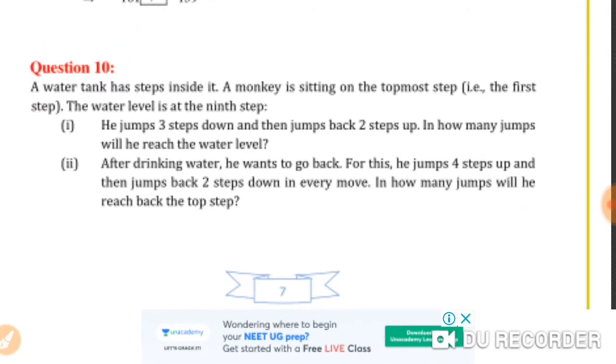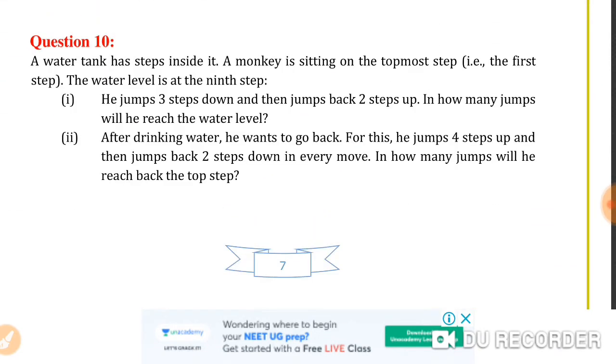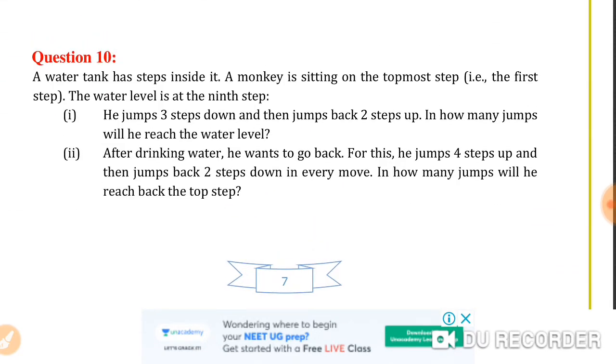The 10th question. A little bit complicated, but it is very interesting if you understand. See, a water tank has steps inside it. A monkey is sitting on the topmost step. That is the first step we can consider. The water level is at the 9th step.